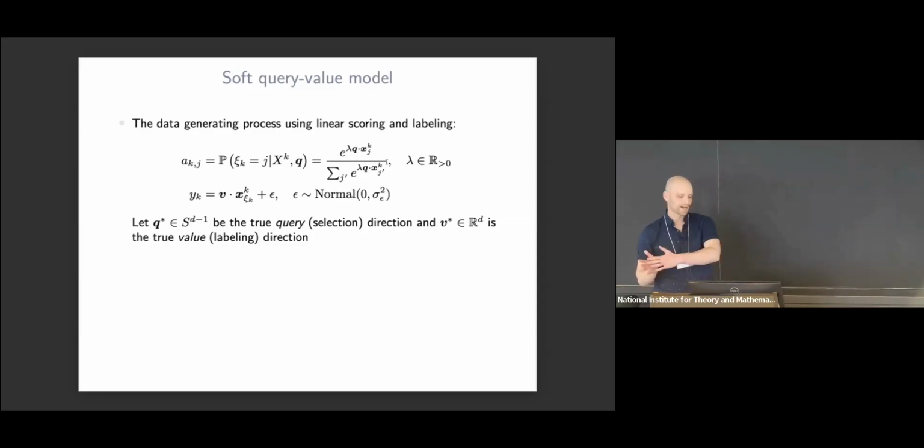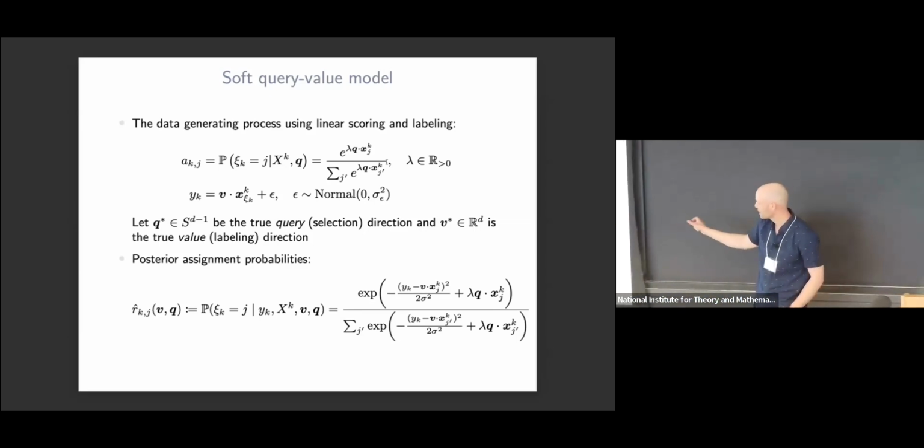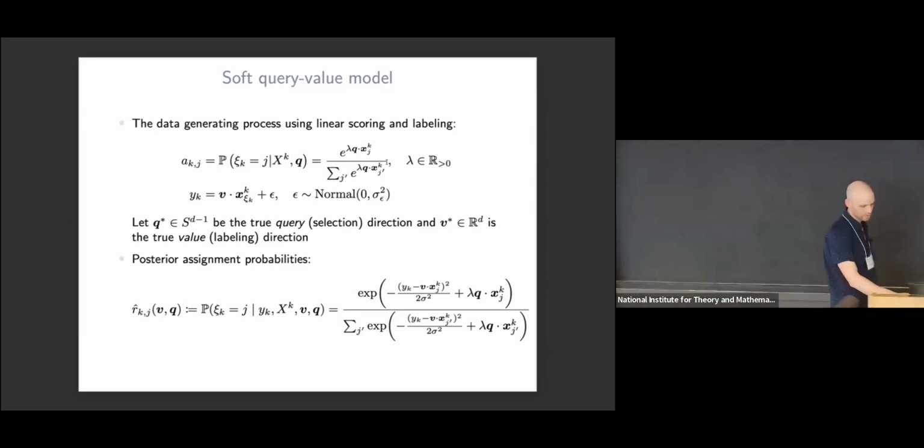Instead of calling it a concept point, in attention it's called a query, but it's the same idea: the direction in feature space you use to select your assigned instance. From this, you can very easily get the posterior probability of the assignment given the labels and the predictors, and it now includes both a residual part and a part from the extremal selection rule.